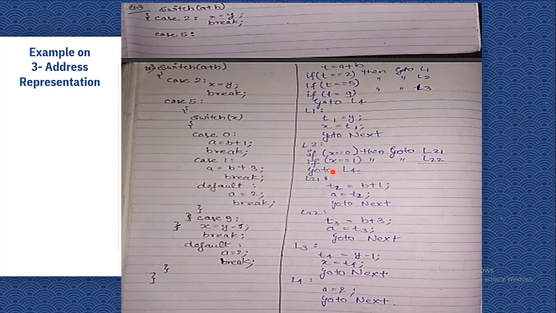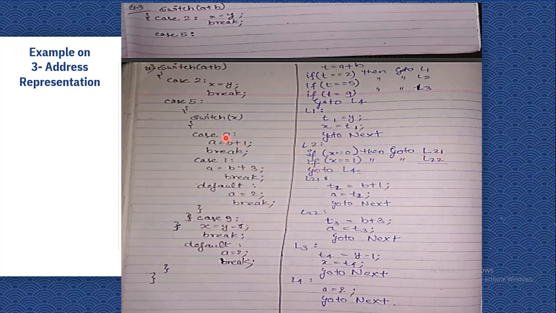And in the case of L2, where the value of case is 5, in this case another switch statement is in place. If the value of x equals 0, then go to L21.